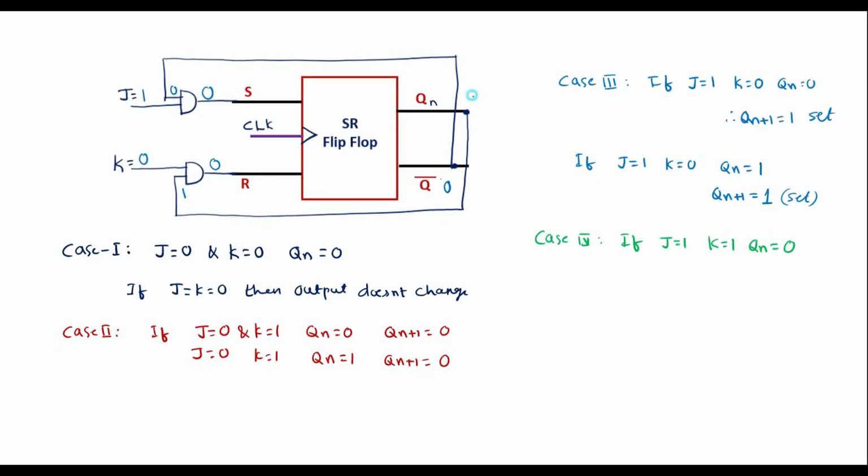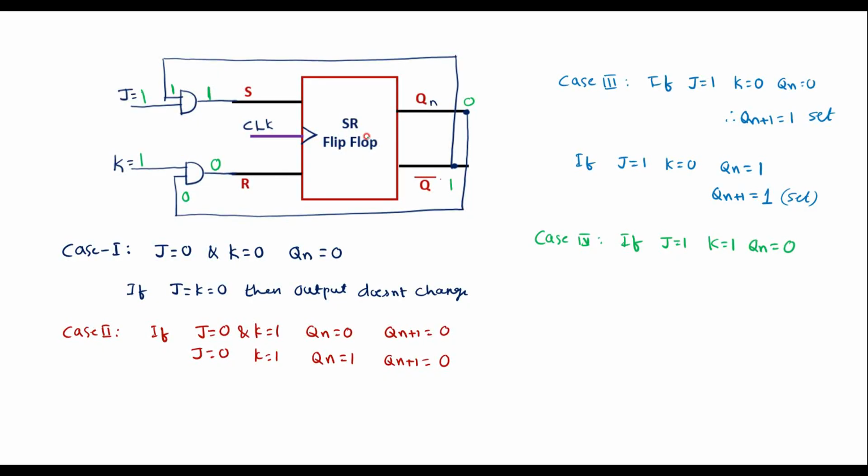Let me take Qn is equal to 0. Therefore, Q bar will be 1. We have taken J equal to 1 and K equal to 1. So this 0 will appear here. This is 0 and this 1 will appear here. This is 1. The output of this AND gate will be 1. Here the output of AND gate will be 0.